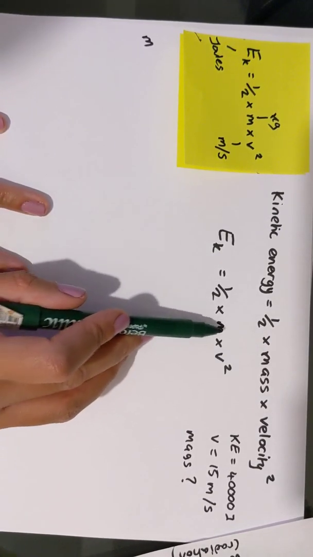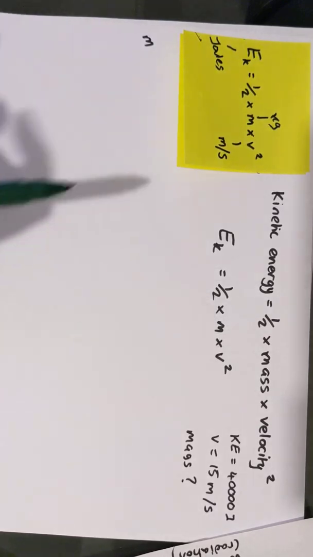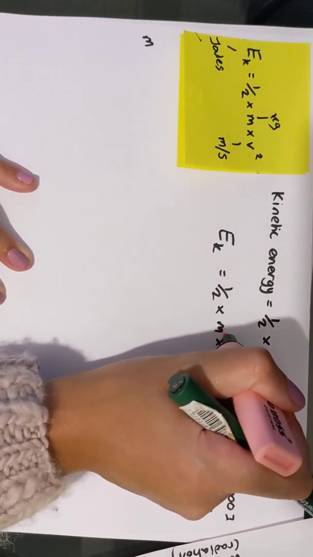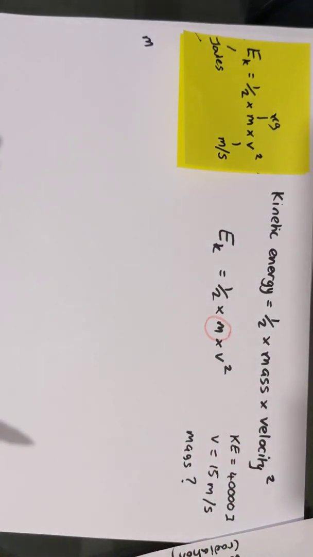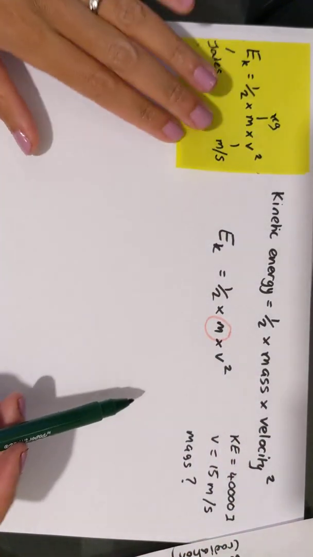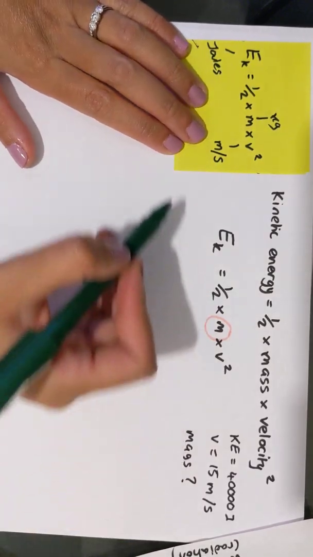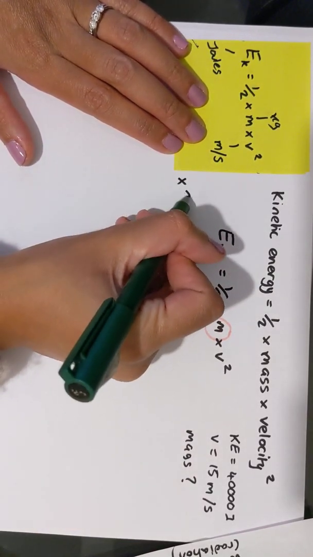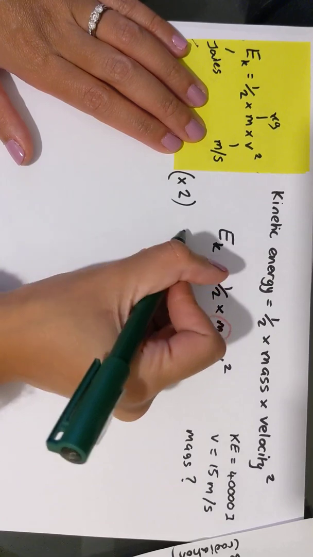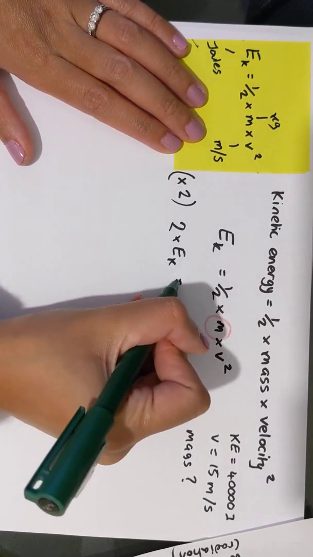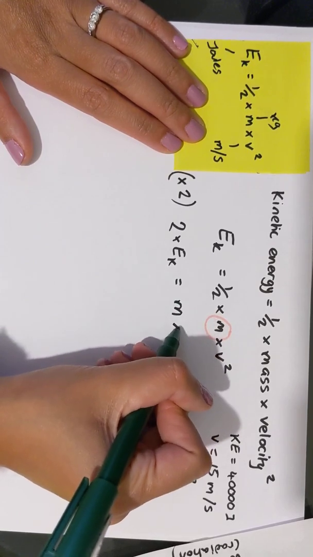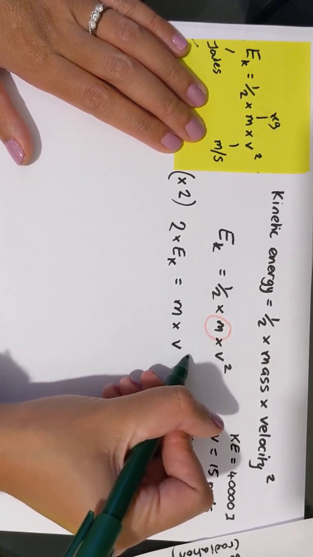If I'm trying to isolate this term here, my aim is to get everything else over to the other side of the equation. So the first thing I'm going to do to get rid of the half is times both sides by 2. And that gives me 2 times kinetic energy equals mass times velocity squared.